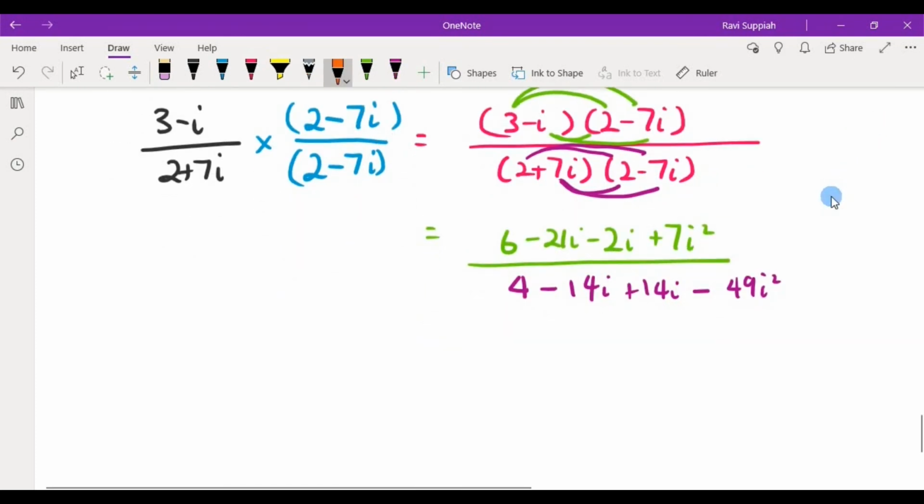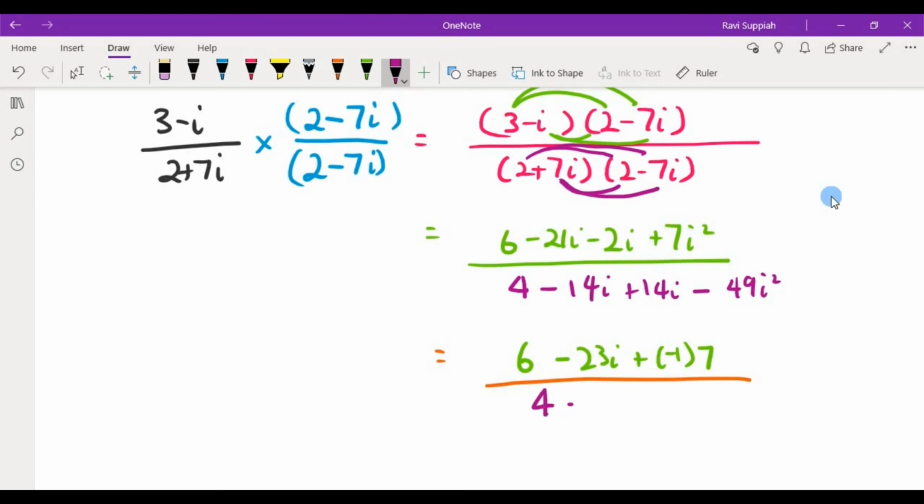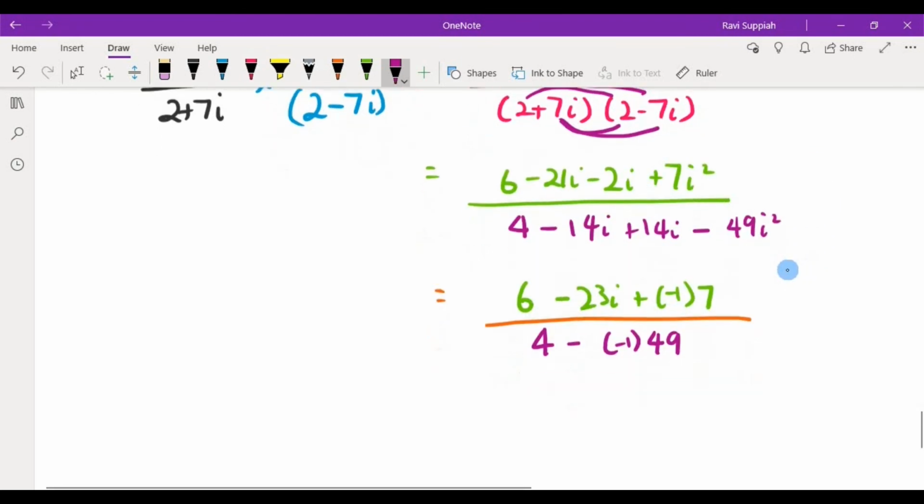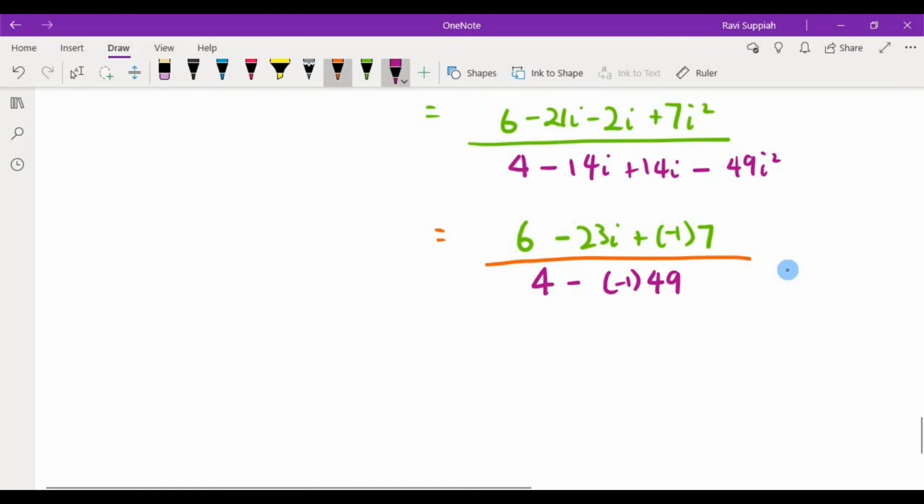Let's carry on. At the top, you have 6 minus 23i. i squared is minus 1, so plus minus 1 times 7. In the denominator, the two middle terms cancel each other out, so you have 4 minus i squared, which is minus 1, times 49.